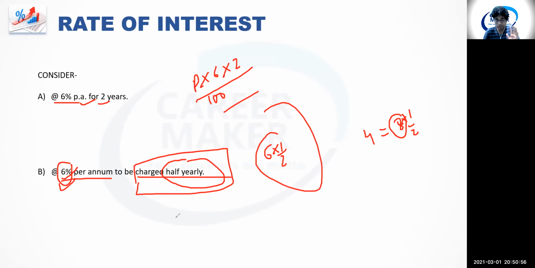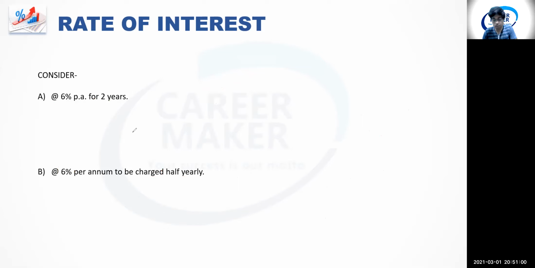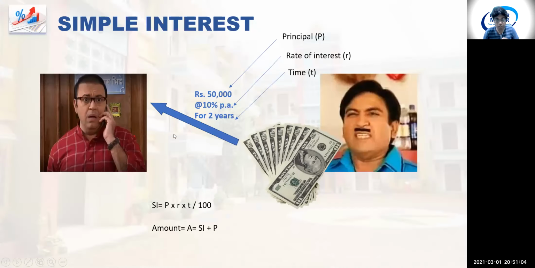Okay. So if we see the previous question, just a second. For the previous question, had the interest been charged half yearly, we will have 10% per annum. For 2 years charged half yearly, let's say the example was half yearly, so we'll have 5% interest rate per half year, because 10 by 2 is 5.